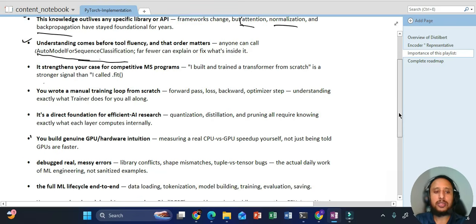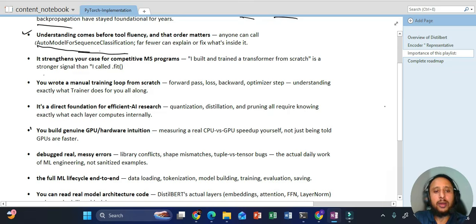Let's say you are a student or a researcher, a student of a master's degree. This is going to be a foundational playlist for you. Believe me. I myself am a student of masters in artificial intelligence.